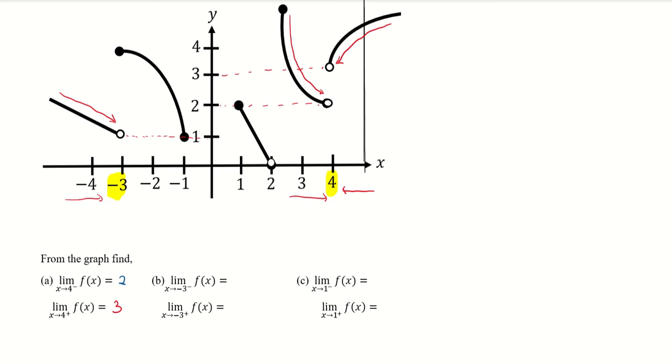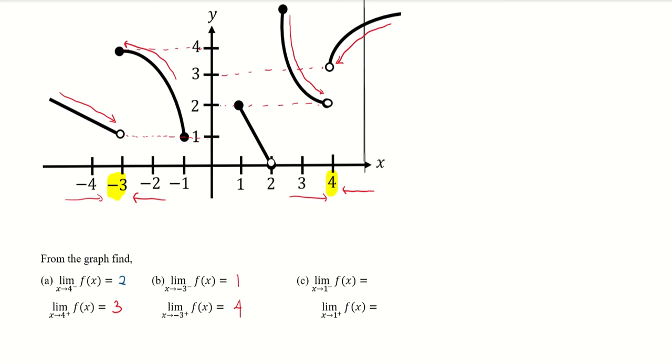So the limit is 1 as x approaches negative 3 from the left. Approaching negative 3 from the right, the graph will move toward the value 4. So approaching negative 3 from the right is 4.